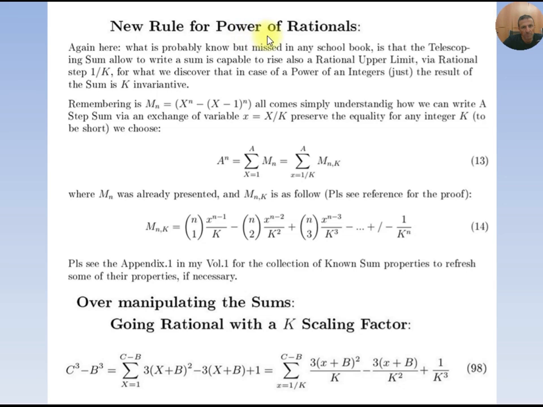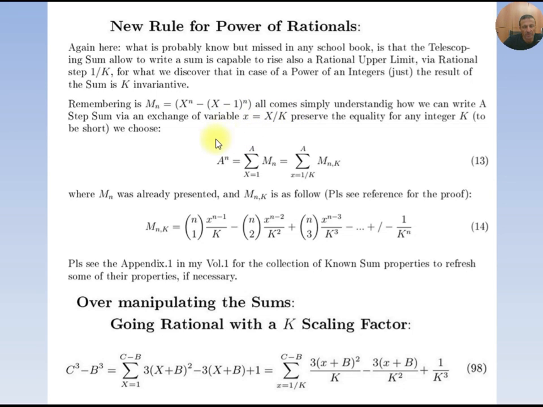I call it power of rationals now, and all is based, remembering, on presenting a power as a sum of these terms. I've called it the Complicate modulus for powers, since it cuts perfectly the nth power of any integers. So all is based on the exchange of scale.